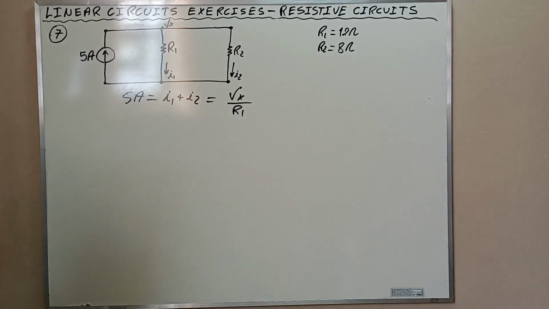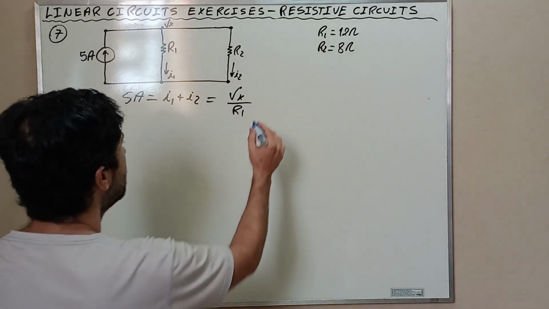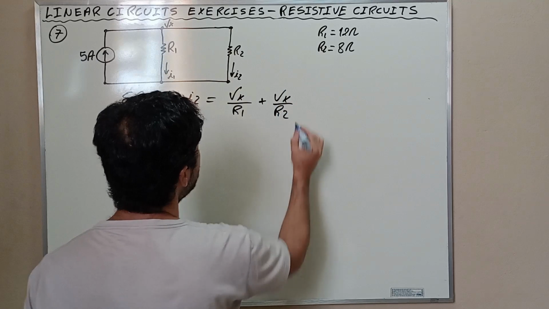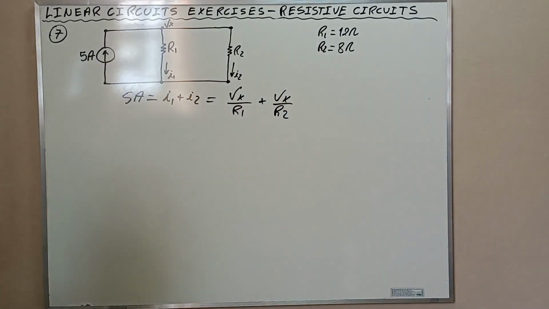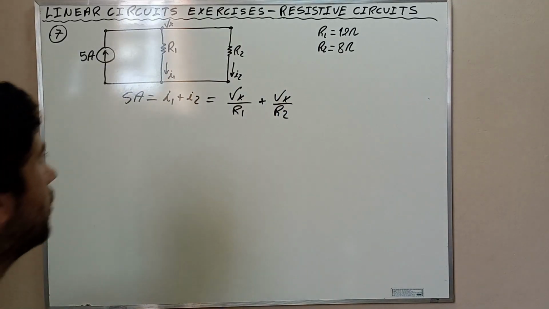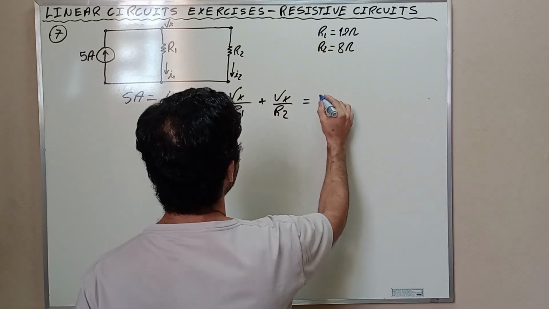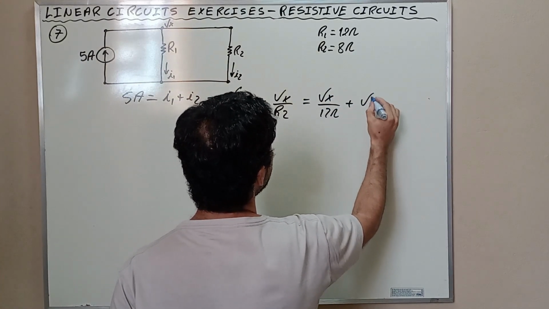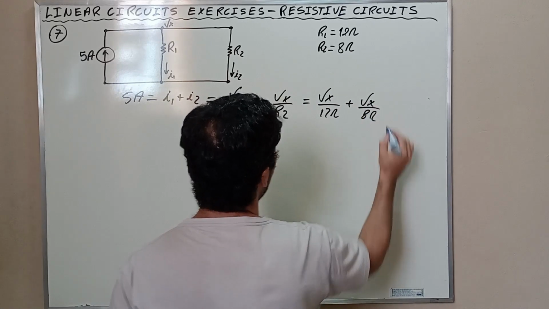And how about I2? I2 is equal to Vx divided by R2. Okay? And with substitution, it is going to be Vx divided by 12 ohms plus Vx divided by 8 ohms.